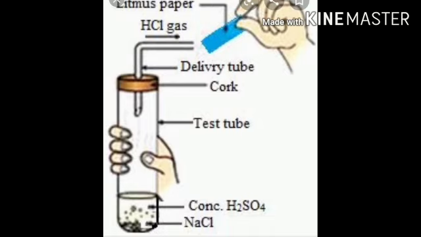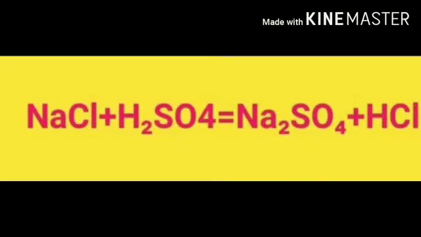Yes, HCl will be released as a result of the reaction between sodium chloride and sulfuric acid. Let us see the reaction. Here you can see that sodium chloride reacts with sulfuric acid, forming the product sodium sulfate, and during that HCl gas is released.